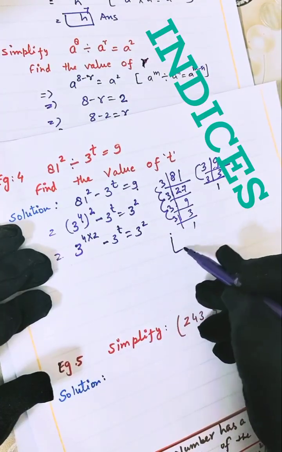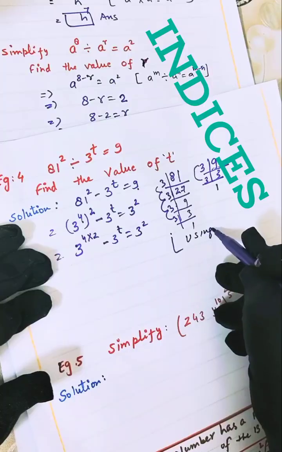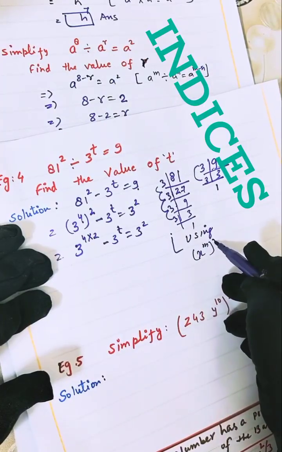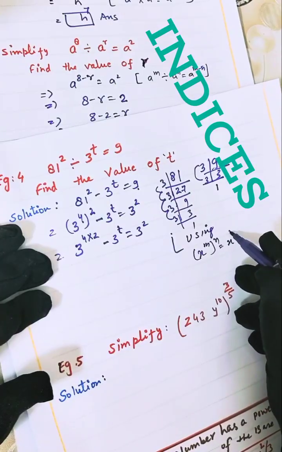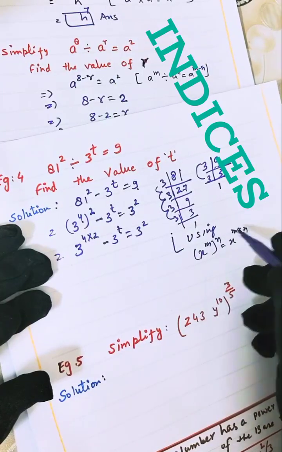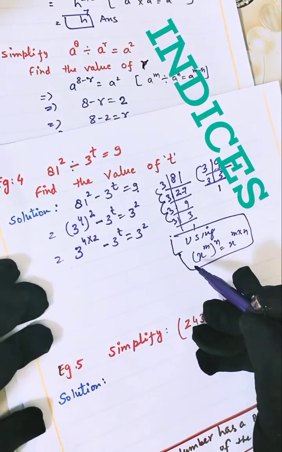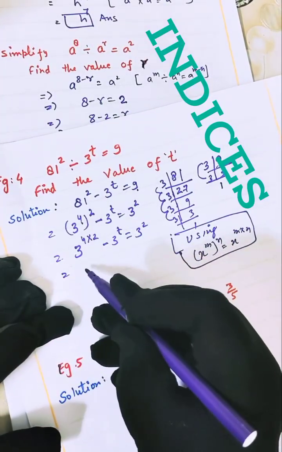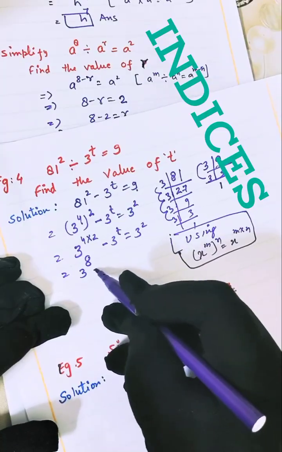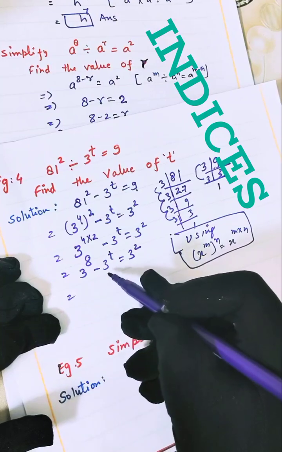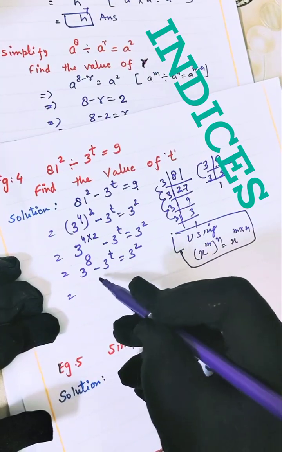Using x to the power m whole power n equal to x to the power m times n. This is a very important rule. So it is 3 to the power 8 divided by 3 to the power t equal to 3 square.